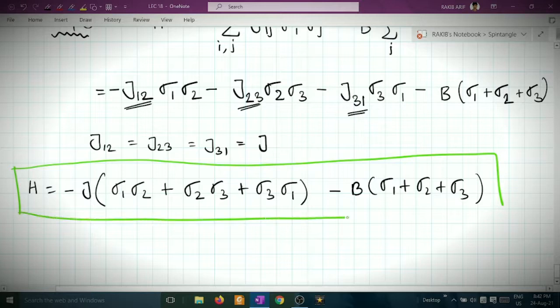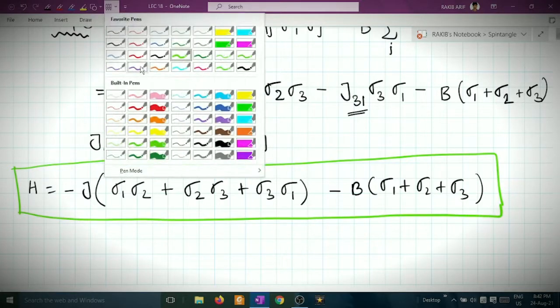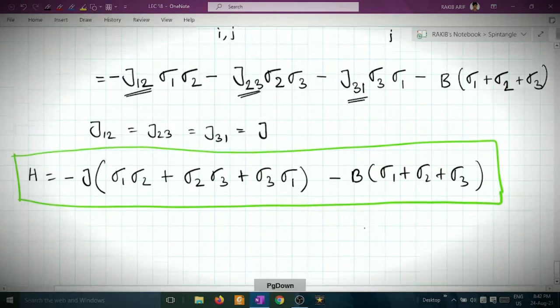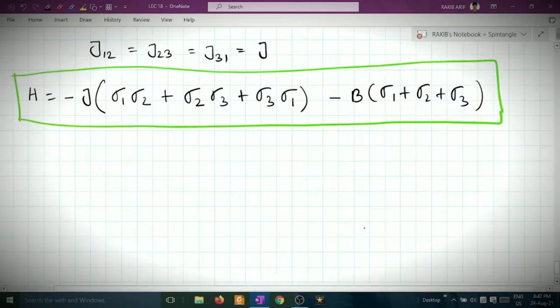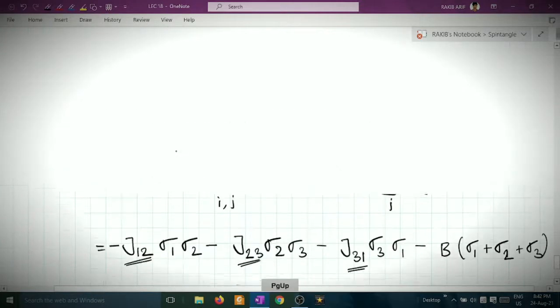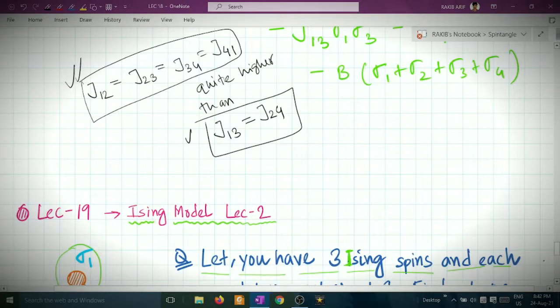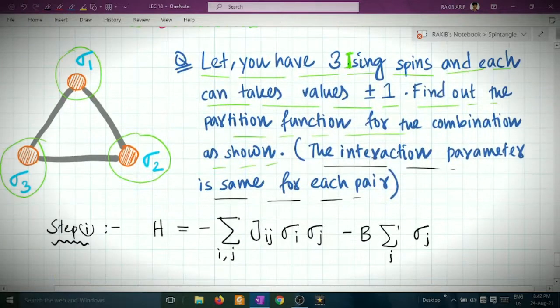Now what you have to make? You have to make a table of the possible spins, which are given in the question. Each can take values plus and minus 1.